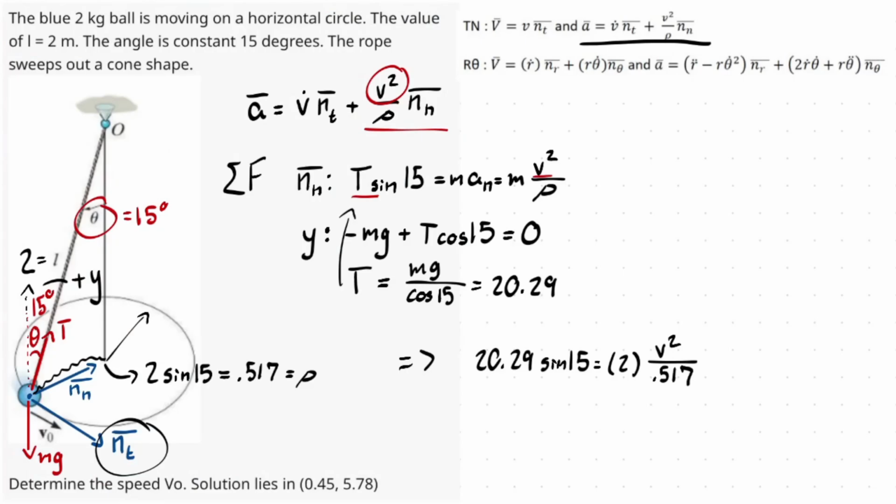At this point, we just have one equation, one variable, so we can use our algebra skills or put it in a solver. I solved it beforehand, and the value of v is going to be 1.165 meters per second. And that's going to be our answer for this problem.